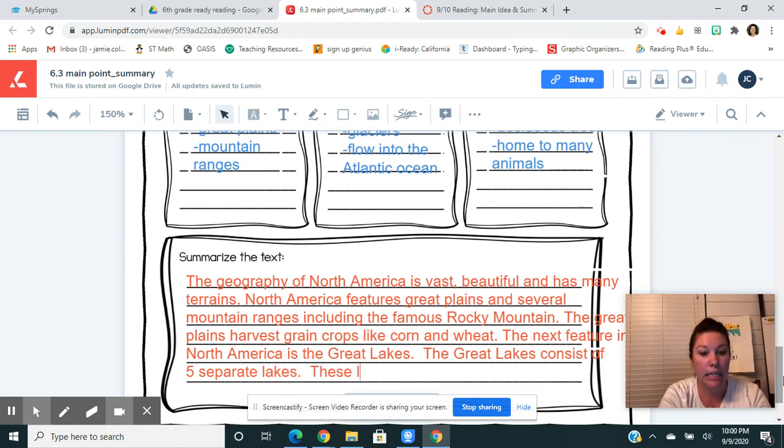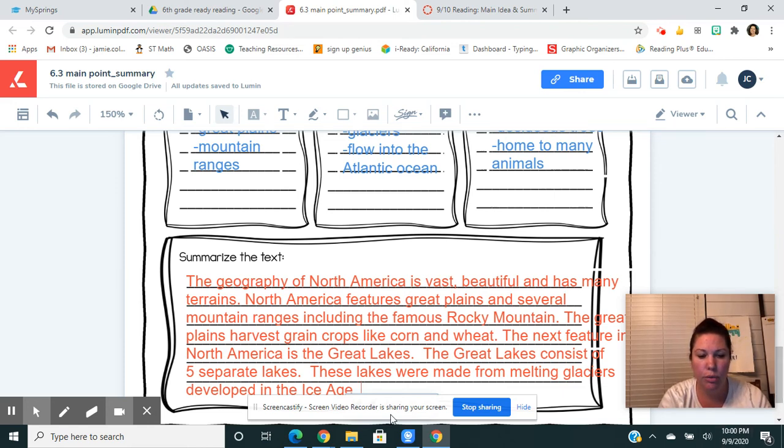These lakes were made from melting glaciers developed in the Ice Age. And then, what else did I put? Oh, flow into the Atlantic Ocean.